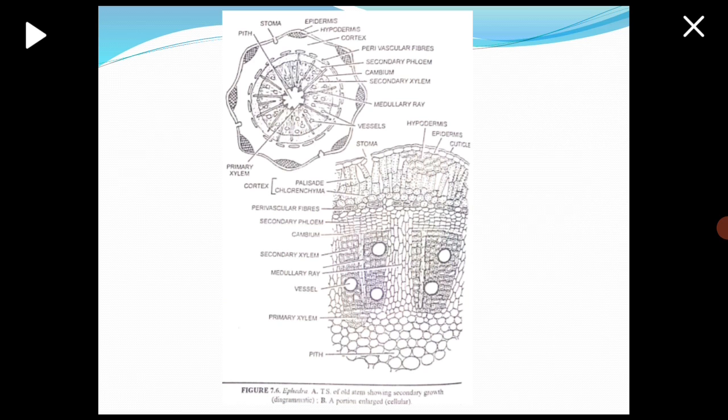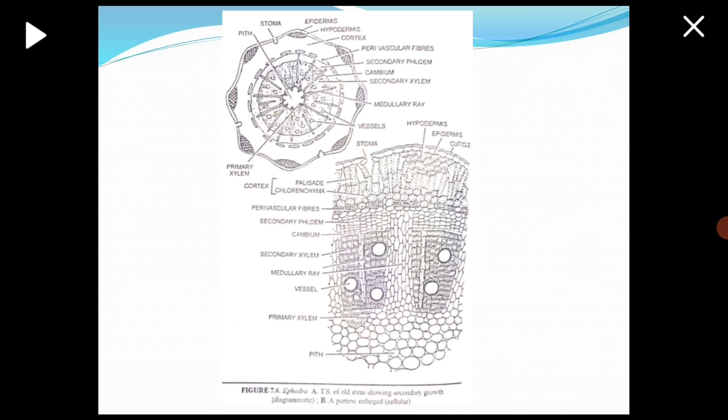The xylem fibers are absent. The tracheids show the presence of a single row of bordered pits in radial as well as tangential walls. They also show the presence of rims of Sanio. The bordered pits are circular or elliptical in shape.